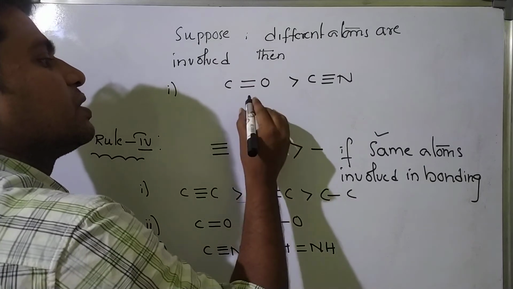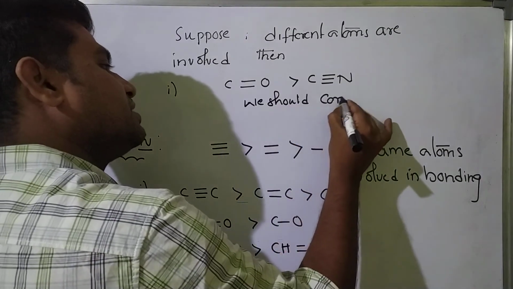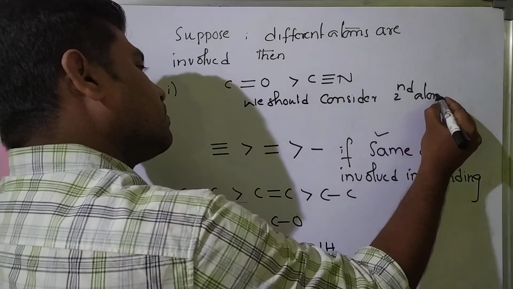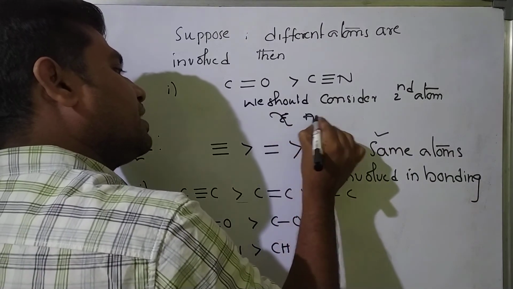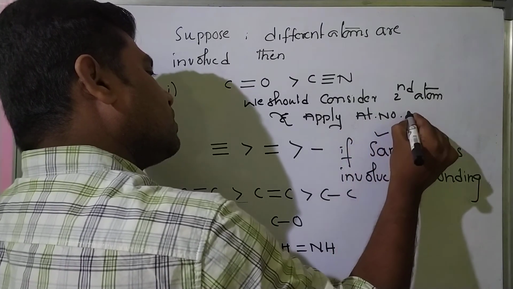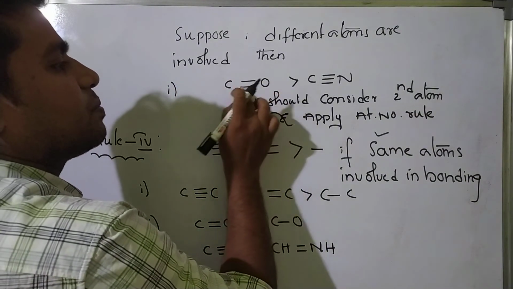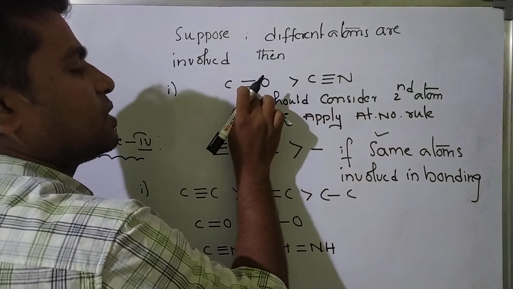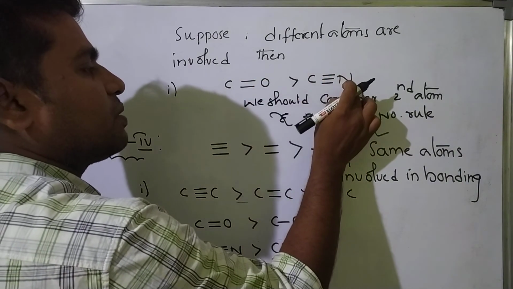In such a case, we should consider the second atom and apply the atomic number rule. Here the second atom: carbon is the same, here oxygen, here nitrogen. This is a multiple bond, this is also a multiple bond, but oxygen has more atomic number compared to nitrogen.